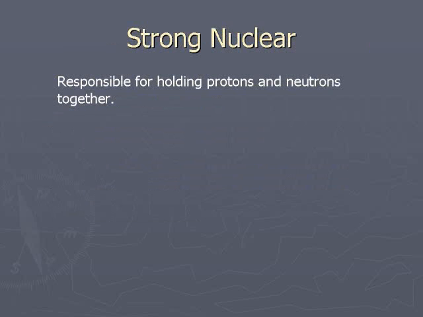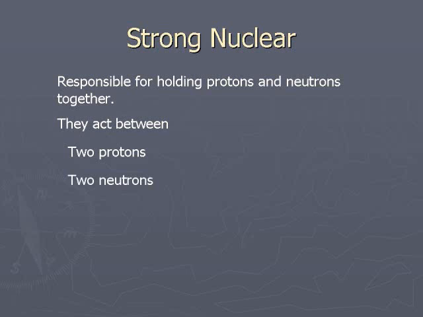Strong nuclear forces are responsible for holding the protons and neutrons together in the nucleus. These forces act between two protons, between two neutrons, and between a proton and a neutron, with the same magnitude.